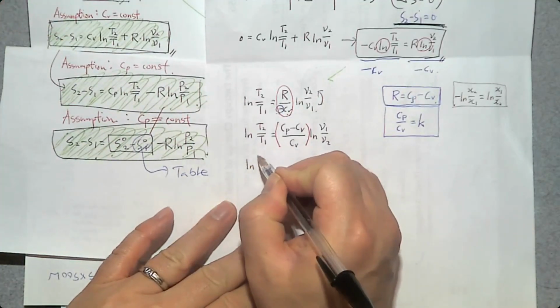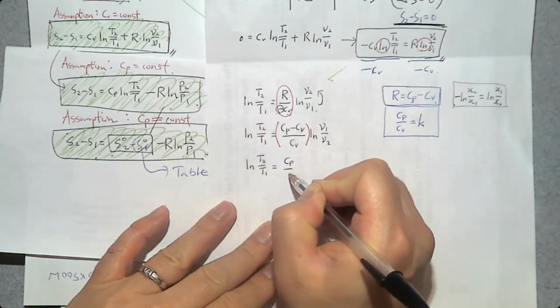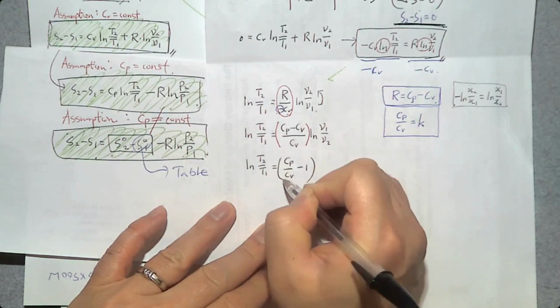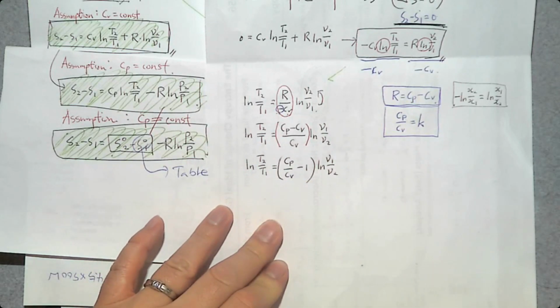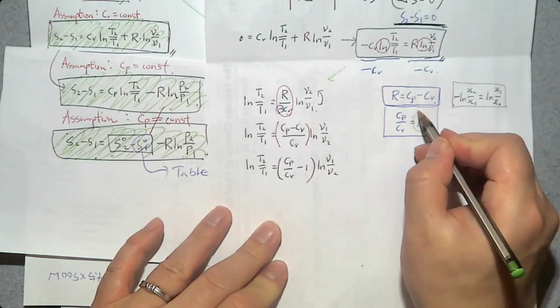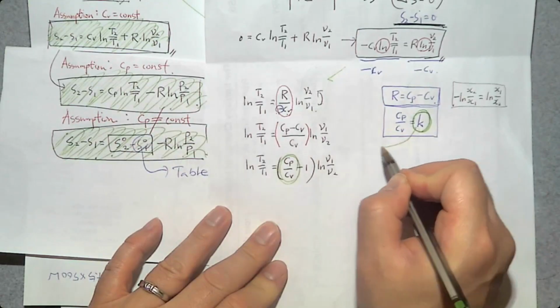Natural log T2 over T1 is going to be Cp over Cv minus 1 times natural log V1 over V2. Now, there's a kappa that is going to replace this one.